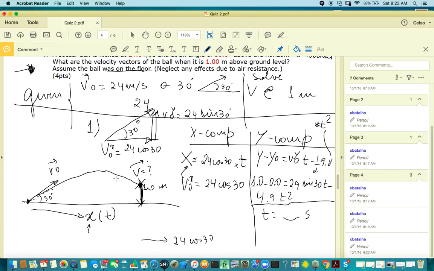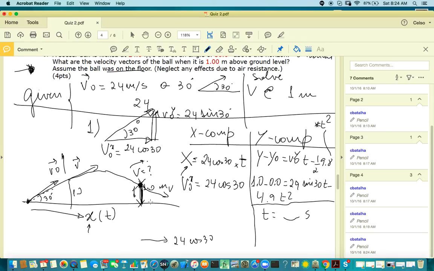We're going to have a v vector like that and a v vector like that. The vx for both of them will be the same, except for the velocity in y. In this part of the curve, the velocity in y is upward. The velocity in y here is downward.